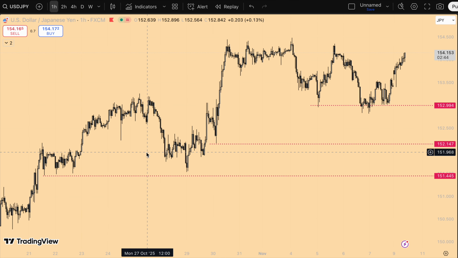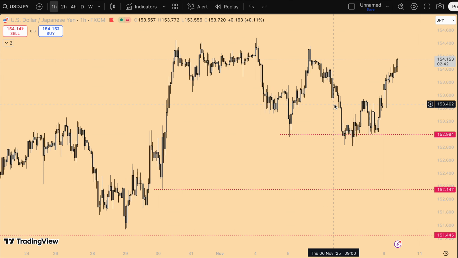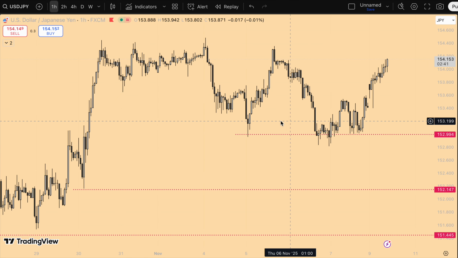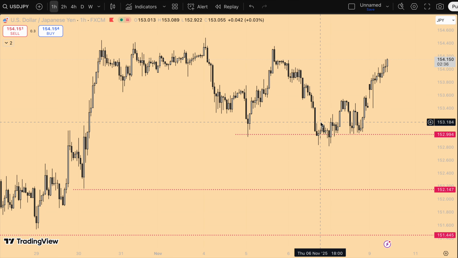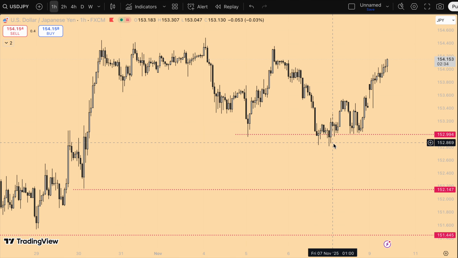We had this consolidation open area, and then this liquidity grab right here. Where was our fractal? Okay, beautiful, this was our fractal high. I think this was on Friday. Yes, this became our fractal high. Then an entry could have been found right here.